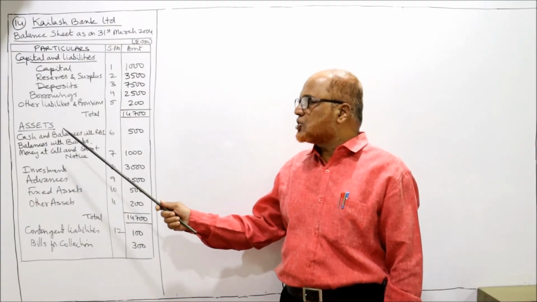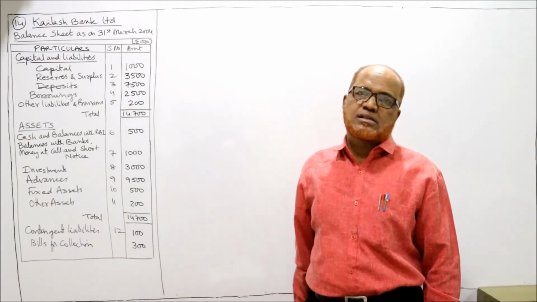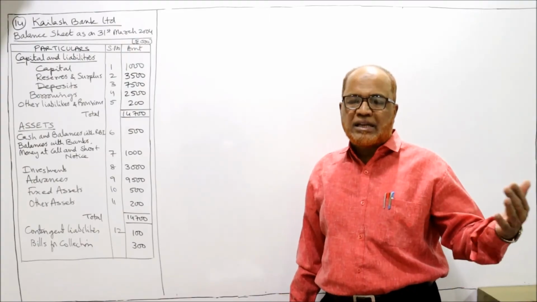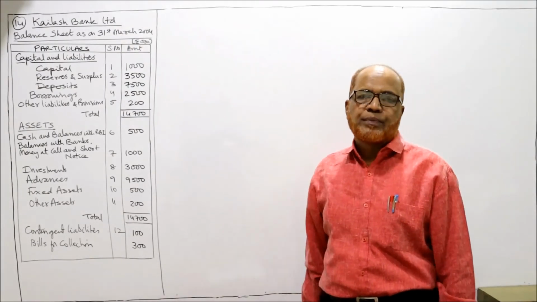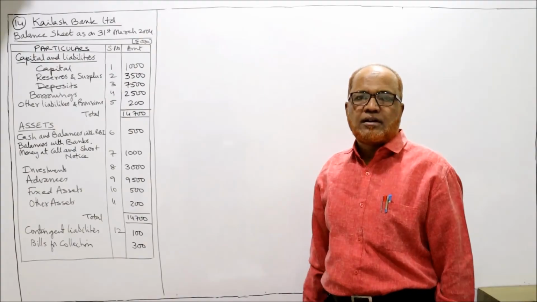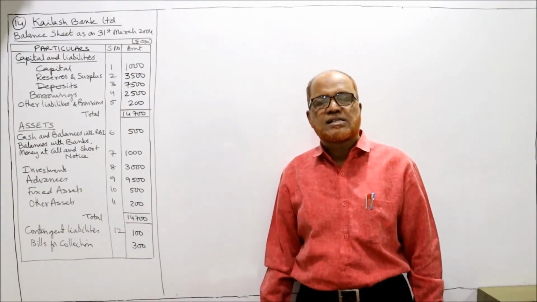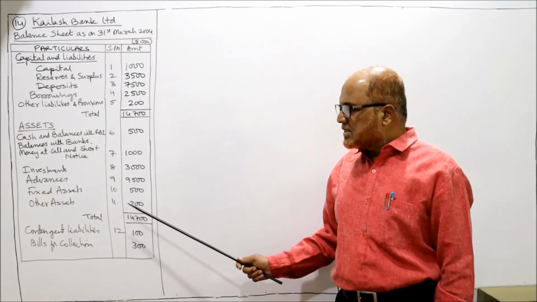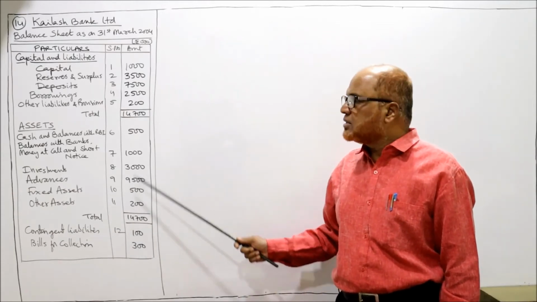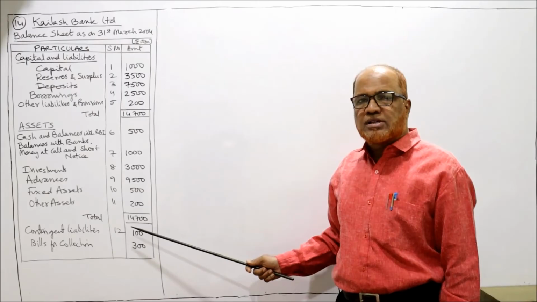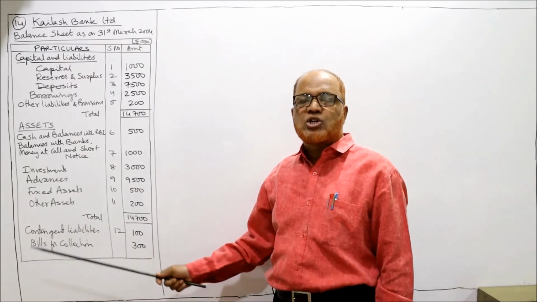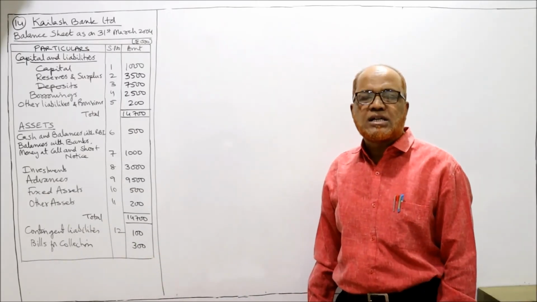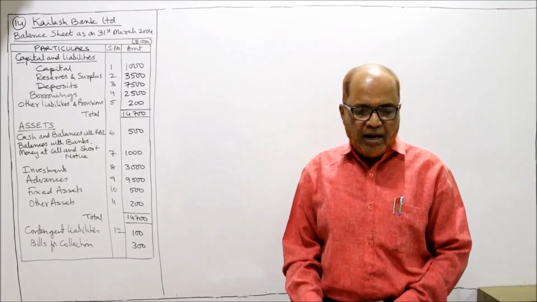Under assets, cash and balances with RBI 6, balance with banks, money at call and short notice 7, investments 8, advances 9, fixed assets 10, other assets 11. Total. Now total of the assets after 11th schedule, right? The total of assets and liability must be same. Below the total foot of the balance sheet, you will have 2 items, contingent liabilities 12th schedule and bills for collection.